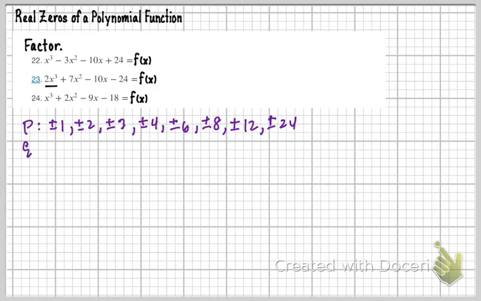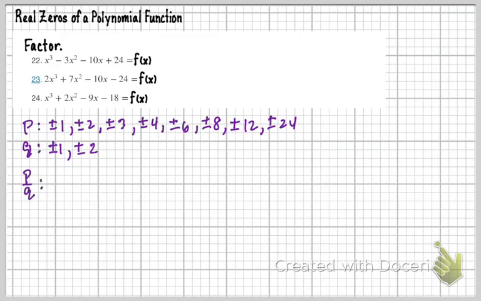Then we're going to take our Q here, that's the 2, it's a factor of the 2. So then that's going to be plus or minus 1, plus or minus 2. Okay, so now that we have all the factors of both P and Q, now we're going to talk about P over Q.